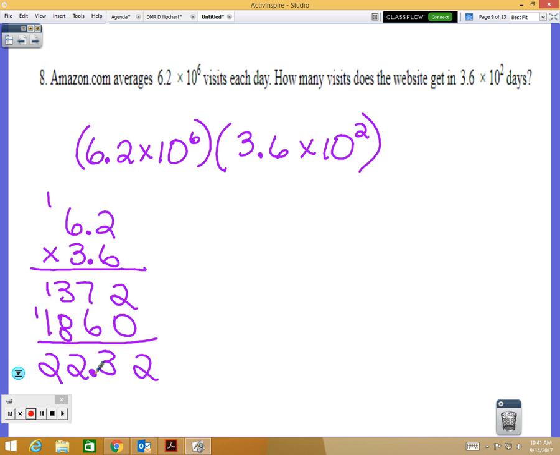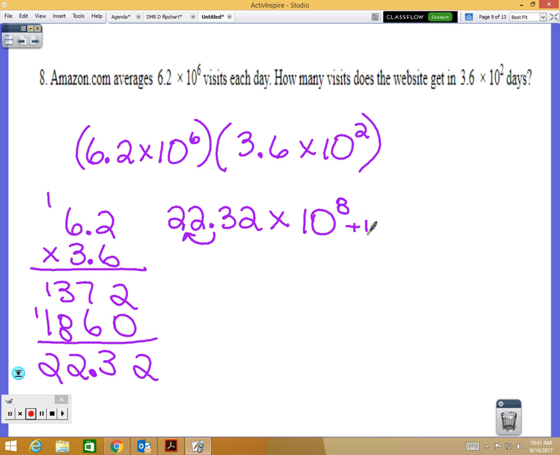So I get 22.32 times 10 to the, and when you're multiplying, that's your product of powers property. When you're multiplying, you're going to add your 2 exponents together. So we're going to do 6 plus 2 is 8. Now this is not correct scientific notation, so we need to move the decimal 1 place over to the left.